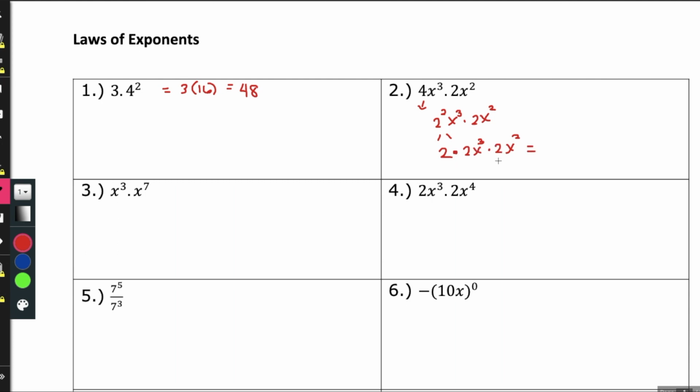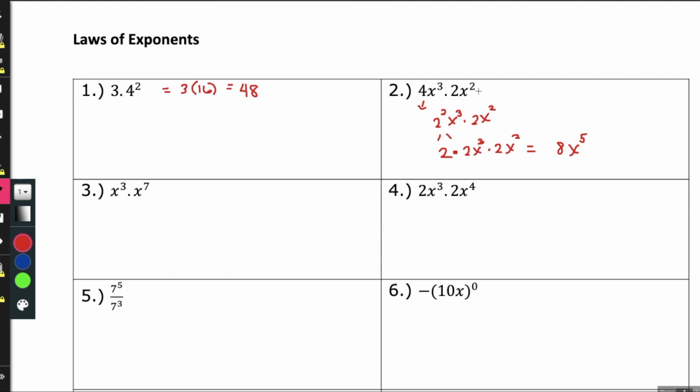Okay, now I can just multiply all of them. So I will have 8. And then I can just add the following exponents, which is x raised to the 5th. Now, either way, you can just multiply them directly.